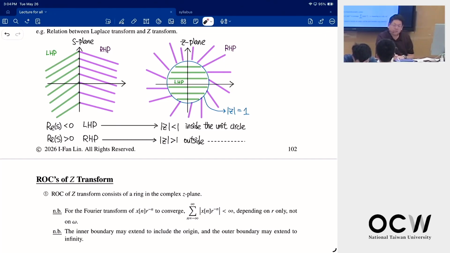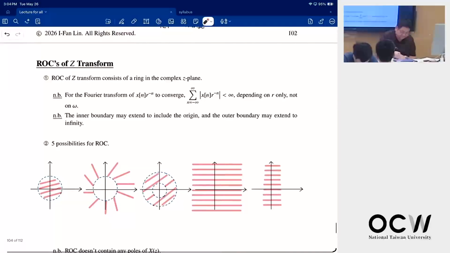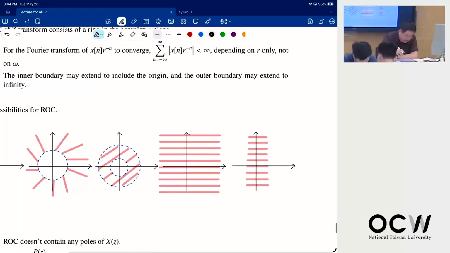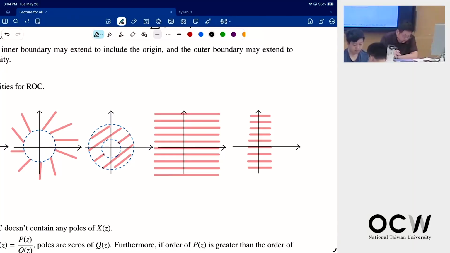So I may include 0 as our region of convergence, and I may include infinity as our region of convergence. Actually, we have 5 different possibilities for the region of convergence. First, inside the unit circle, or outside the unit circle, or even like a donut. And for this one, it means the entire plane, including the infinity.